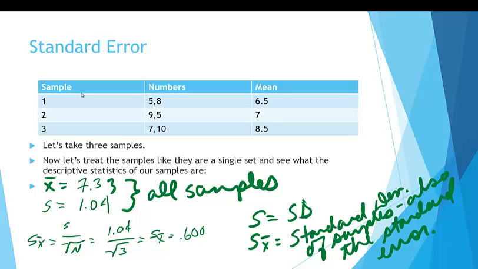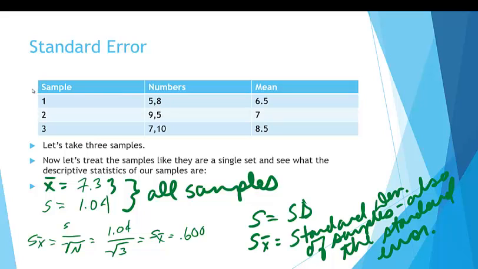We know that our population mean is 7.5, and we drew 3 samples. Sample 1, we drew a 5 and an 8 and got a mean of 6.5. Sample 2, we drew a 9 and a 5 and got a mean of 7. Sample 3, we drew a 7 and a 10 and got a mean of 8.5.